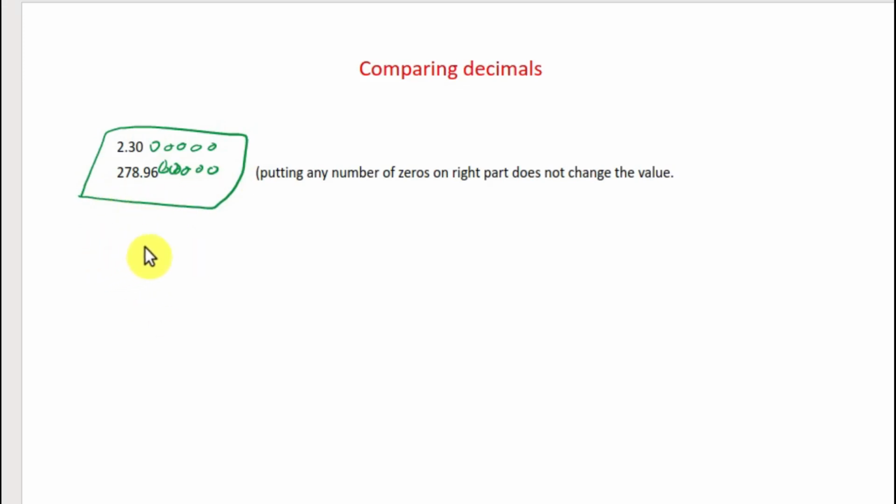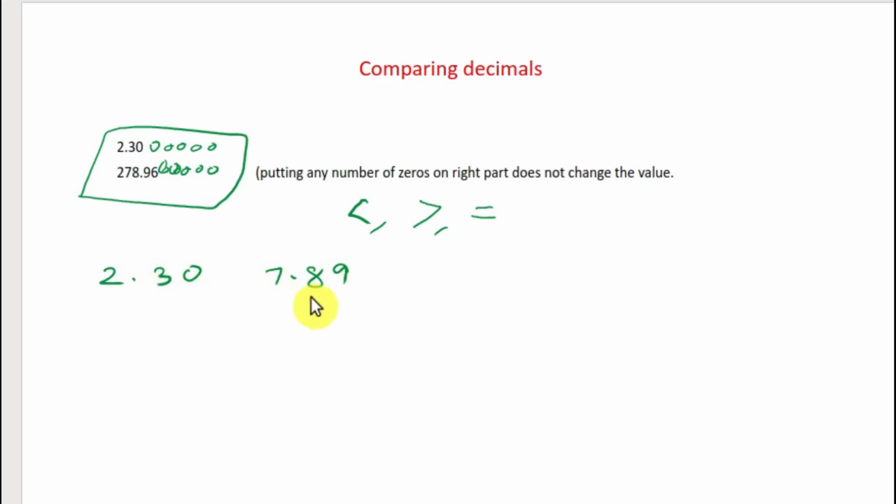Next, why are we comparing these decimals? We have to find which decimal is greater, which is lesser, or if they are equal. For this purpose, we compare the decimals. For example, 2.30 and 7.89.